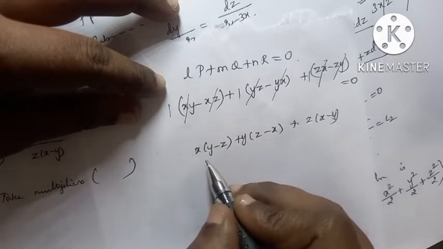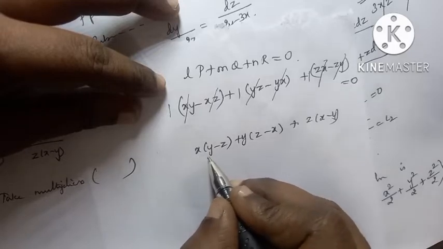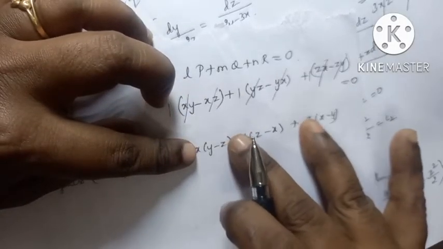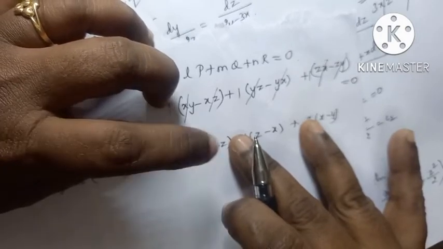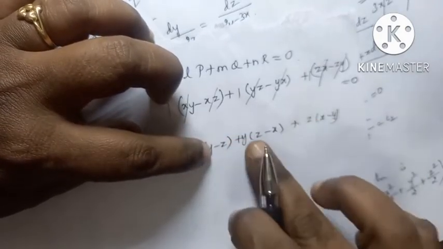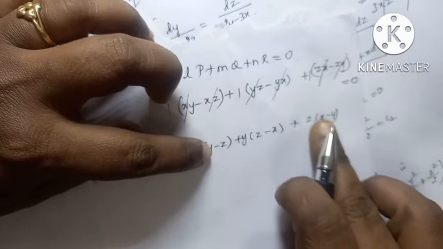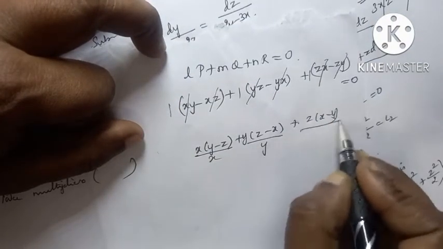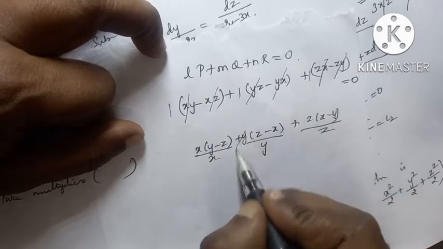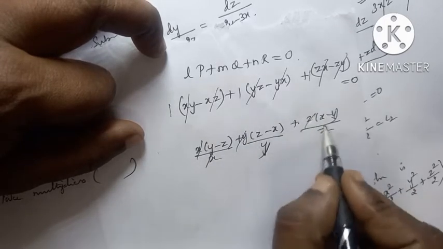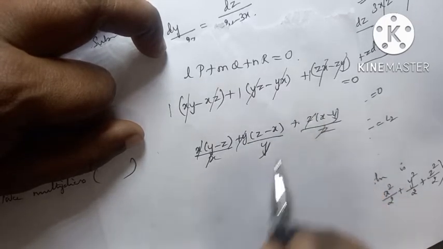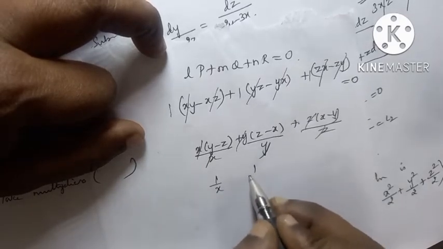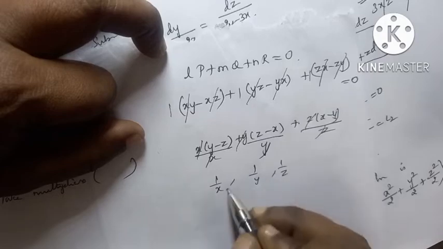If you leave these three, when you add, the answer is 0. So this should be divided by x, this by y, this by z, so that these get cancelled. Simply adding the three, the answer is 0. So the multipliers are 1 by x, 1 by y, 1 by z.